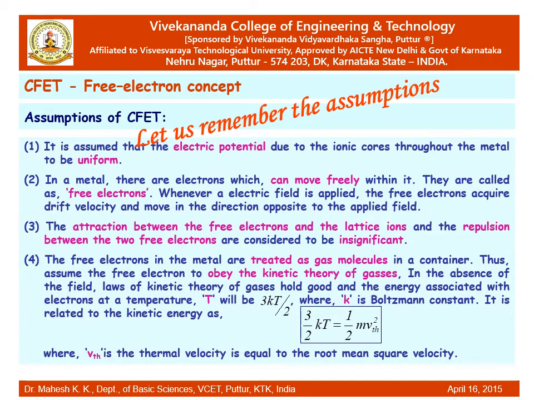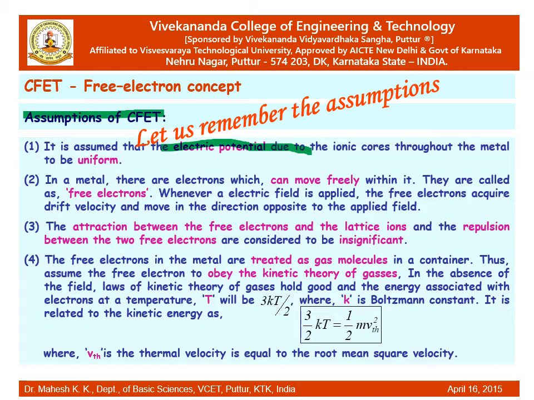Before going to the explanation of those two failures, let us again look into the assumptions of classical free electron theory. First, it is assumed that the electrical potential due to ion cores is uniform, so the entire material will have uniform electric potential.